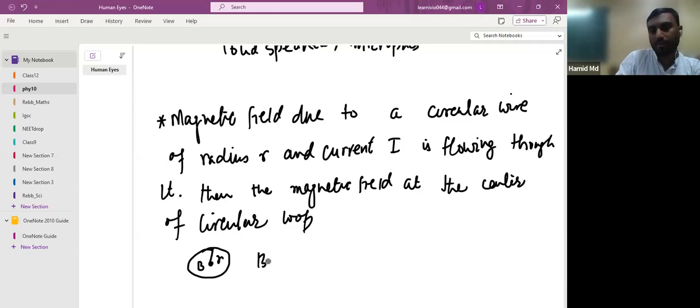So B will be mu naught I over 2 pi r. Give me one second. It just went off my mind, I got confused, so the confusion should be removed.